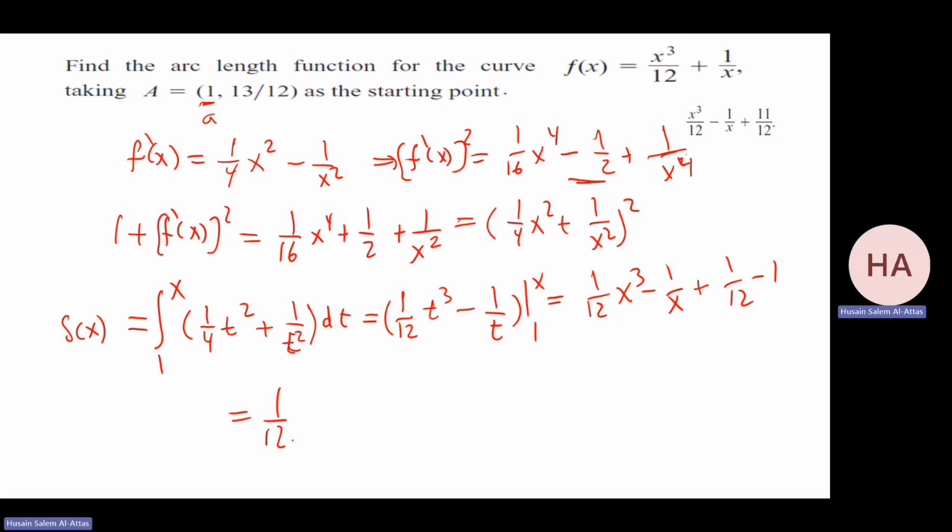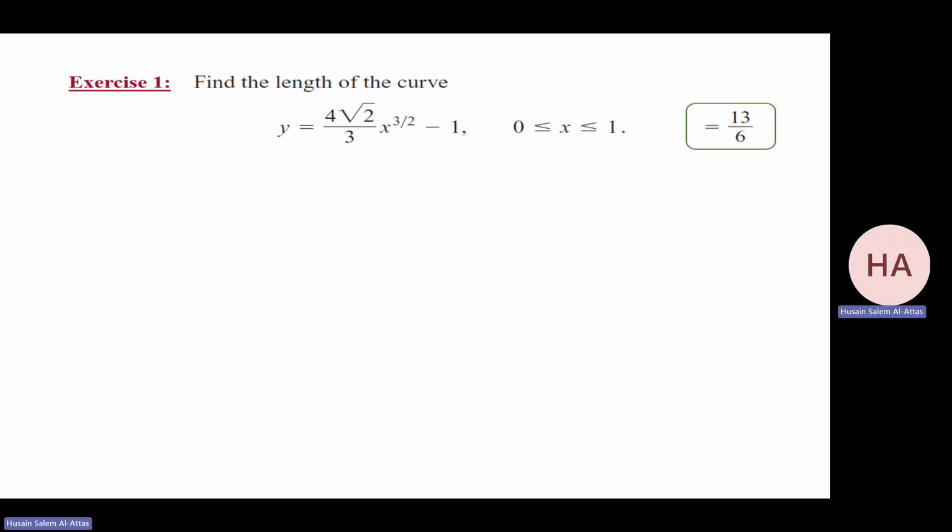So that gives me 1 over 12 x cubed minus 1 over x minus 11 over 12, or plus. Wait a minute. Yeah, this is minus. Sorry. This is minus of this. So it's minus, that would be plus 11 over 12. This is minus 11 over 12 times minus. Okay.